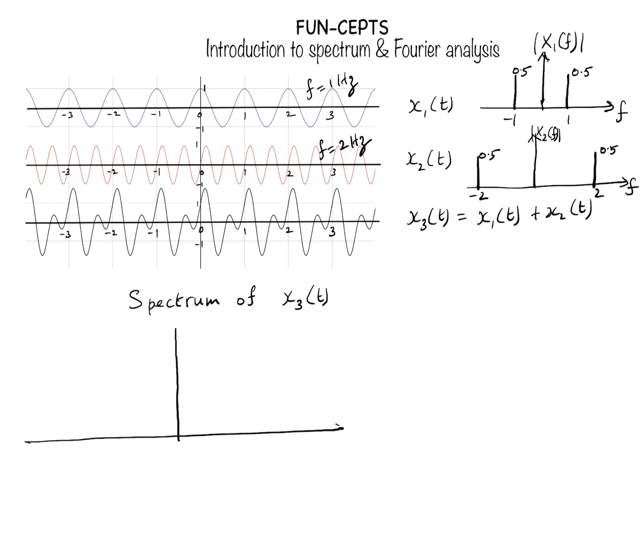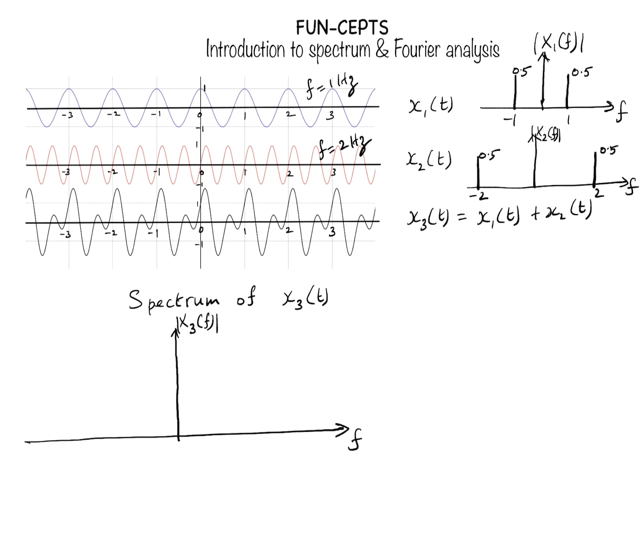So we'll have frequency on the x-axis and the magnitude on the y-axis, x3 of f, right? And what are the frequencies present in x3 of t? Since we have added x1 and x2, which are of 1 and 2 hertz respectively, x3 of t has a 1 hertz component and a 2 hertz component.